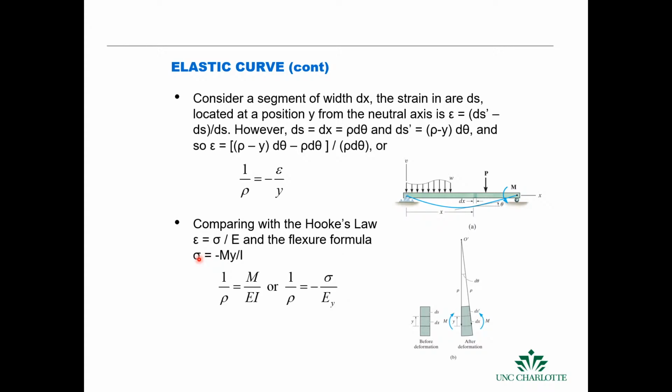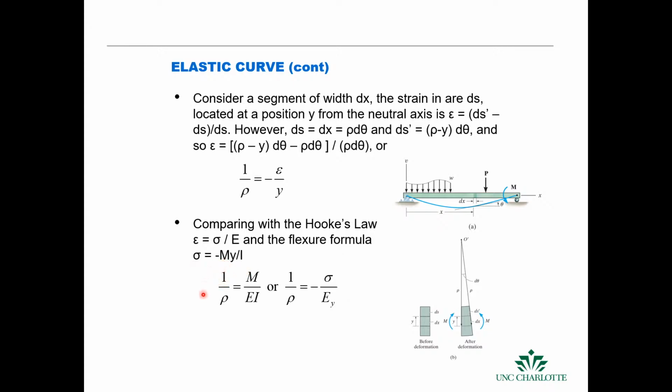And if we put that bending stress in this equation, where we have Hooke's law, and then we plug that into this curvature equation, then we get this relationship between the bending and deflection of a beam.